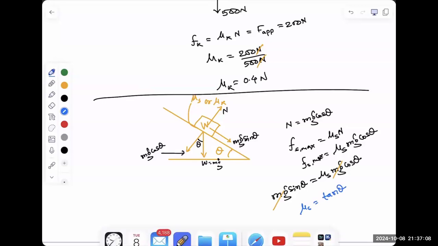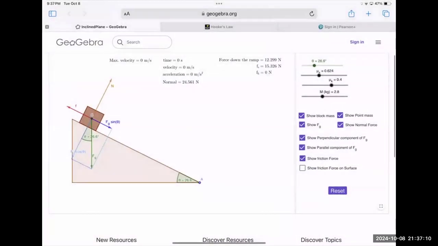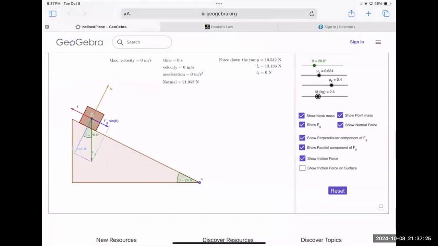Okay. So now go to this GeoGebra. I'm not giving you homework, but I'm giving you a tool where you can verify yourself. You can change the mass. If you change this mass, you can see this arrow increases and decreases, and you can change the value of mu k.